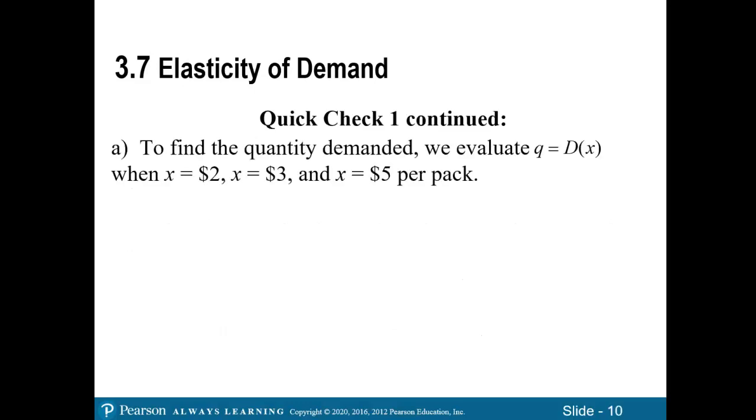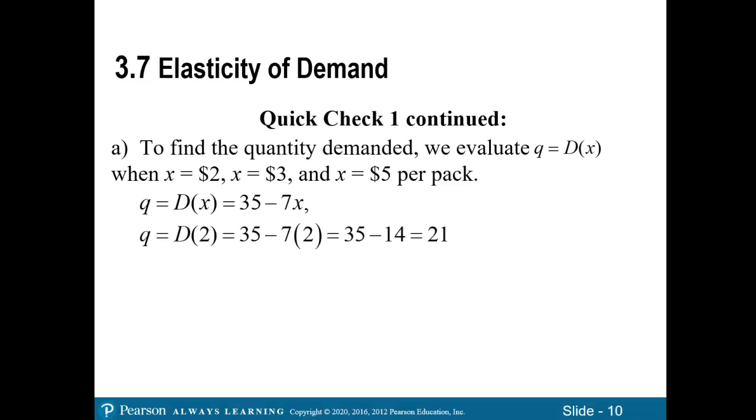All right, so to find quantity demanded, you just simply are going to plug in those values of x that were given. So when it is sold for $2 a pack, your demand function was 35 minus 7x. So if I plug a 2 into that, we would get 35 minus 7 times 2 is 14, so 21. So if it's $2 a pack, the demand is 21 packs a day.